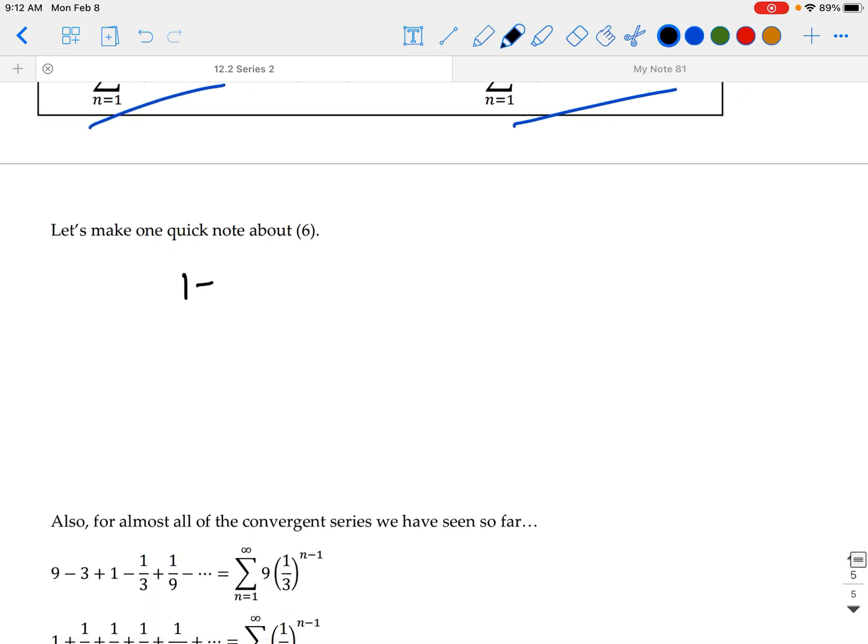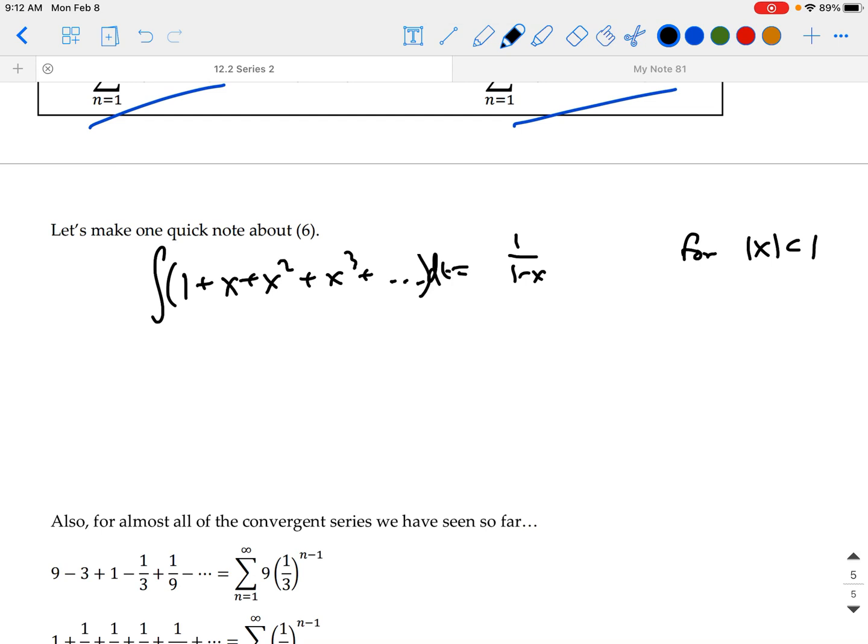So that means that for our quick note, let's say 1 plus x plus x squared plus x cubed. So if we note that these are equal to each other for absolute value of x less than 1, then that means that the integral of these objects are also going to be equivalent as long as x is bounded between -1 and 1.